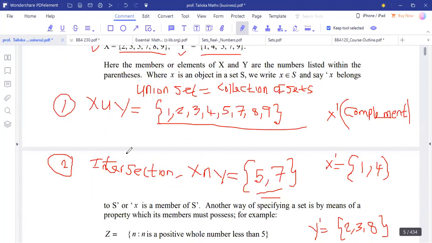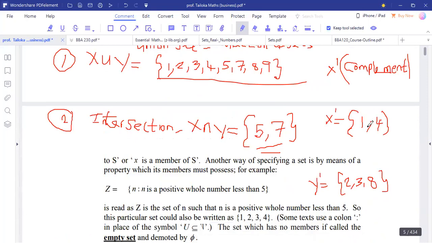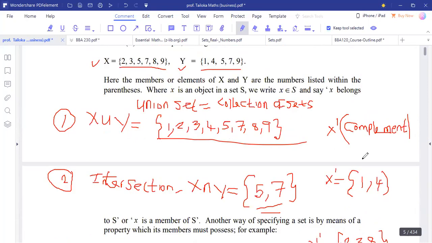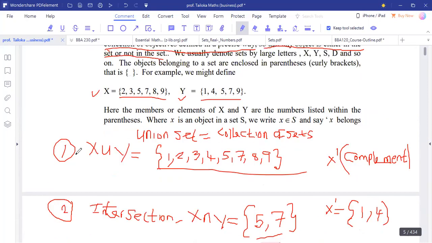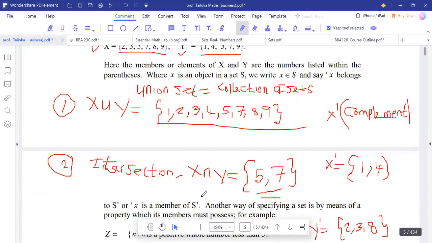So these four concepts are supposed to be understood. First one is the union set, the collection of sets. Then the intersection set, where we are looking at the common items.